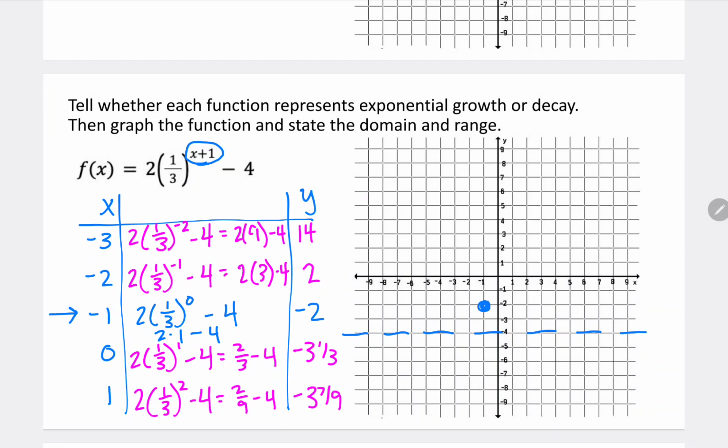So you can see we're getting really close to -4 without ever touching it. So -3, 14 is going to be way up here. -2, 2. -1, -2 we already had. 0, -3 1/3, and 1, -3 7/9.